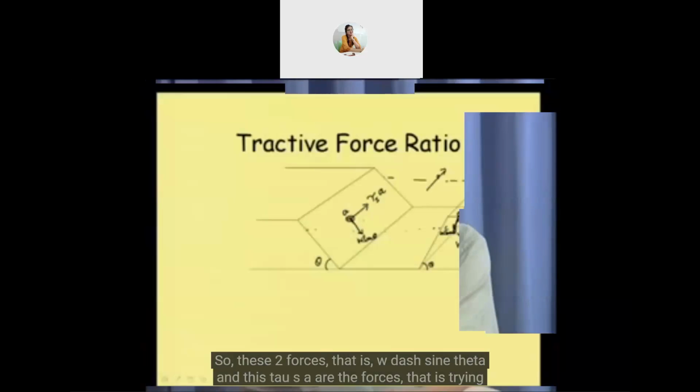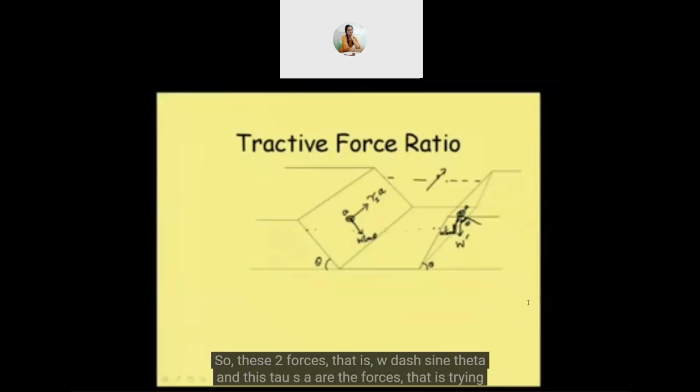So these two forces, that is W dash sine theta and tau s A, are the forces that are trying to disturb the particle from its position. And then what is the resultant of that? We can draw the resultant just by completing this and then joining this.